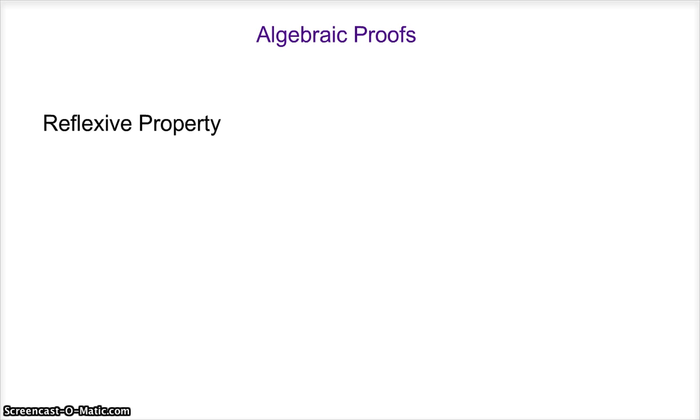First, we have the reflexive property. What do you think of when you think of the word reflexive? Like reflection? Like when you're looking at something, it looks exactly the same on the other side? Yes. So the reflexive property, it states on your little handout, A equals A. It's anything that's equal to the exact same thing on the other side.